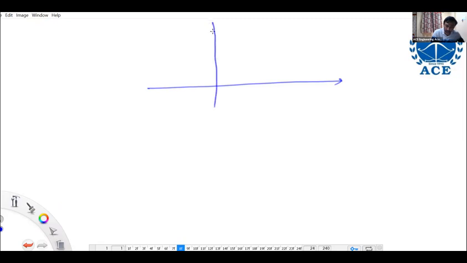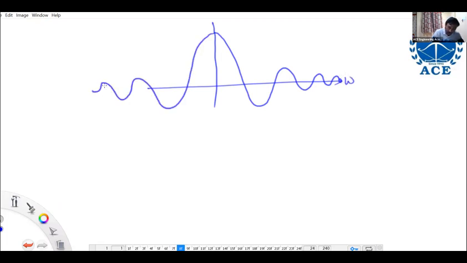Everyone see the graph carefully. Roughly the spectrum is going to appear like this. For all integer multiples of 2 pi by t, the spectrum becomes 0, maintaining maximum amplitude at origin.